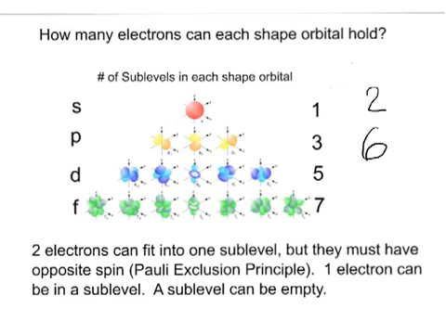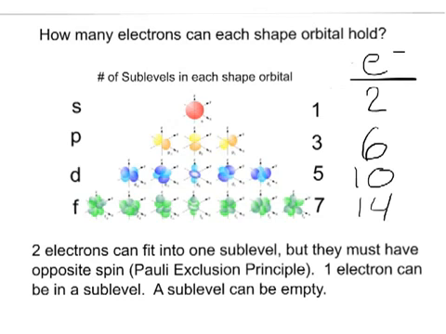These are the electrons they can hold. And for the d orbitals, they have 5 sublevels, so obviously it could hold 10 electrons maximum. It can't hold any more. And for the f orbital, with 7 sublevels, it can hold 14 electrons.